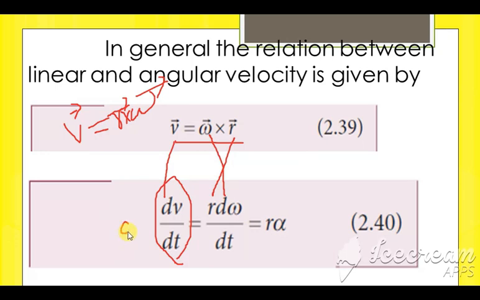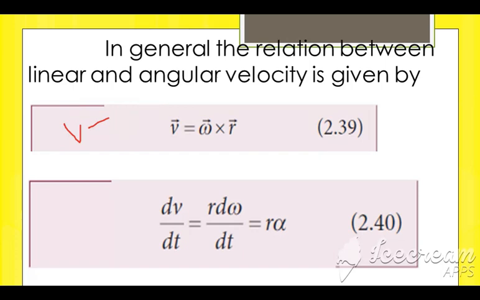Rate of change of velocity is equal to what? Acceleration. Same way here, d omega by dt is equal to what? Alpha. So we get the equation a is equal to r into alpha. Okay, so this is the relation which relates linear and angular acceleration.